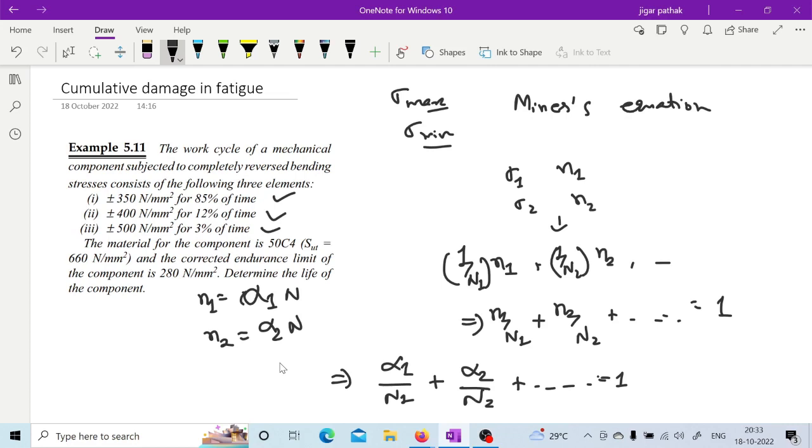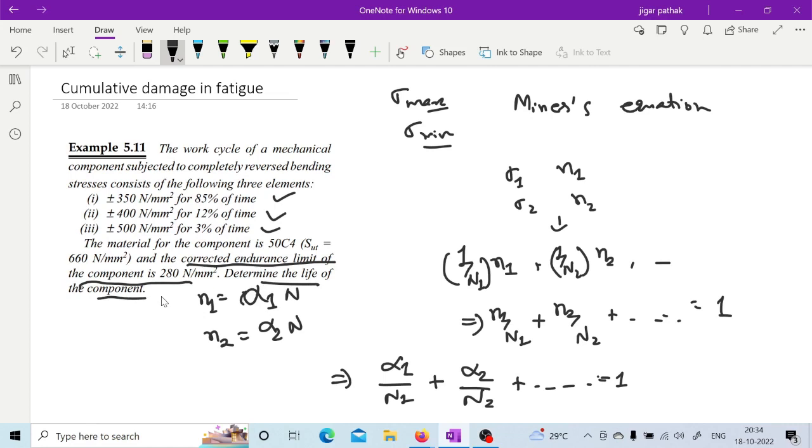So by having this idea, now I guess you can try and solve this problem, right? Here the work cycle for different things is given, then SUT is given, and the corrected endurance limit is directly given for the component as 280 Newton per mm square. You need to determine the life of the component.